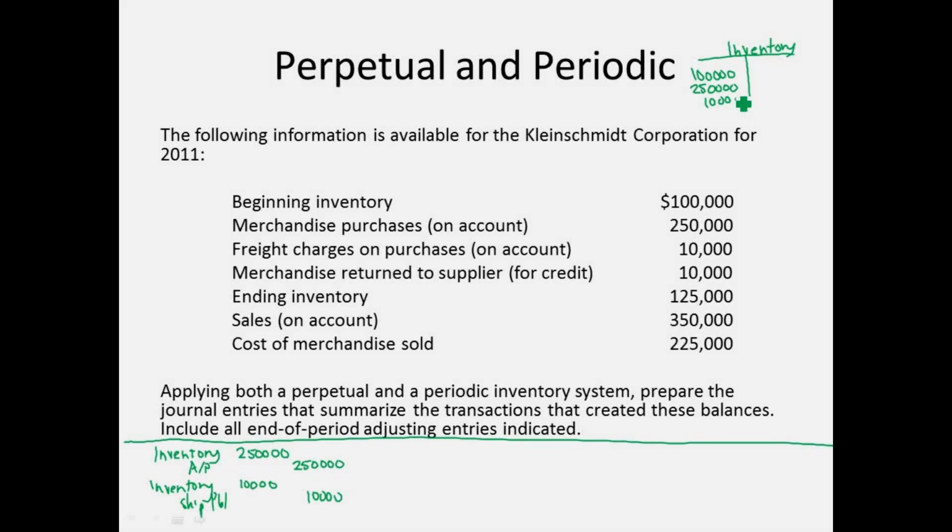What do I do there? My inventory is going down, right? So I get accounts receivable because they now owe me a refund. But since I haven't yet paid it, I can just net those two off. So what should I do? Well, I can just get rid of some of the payable.